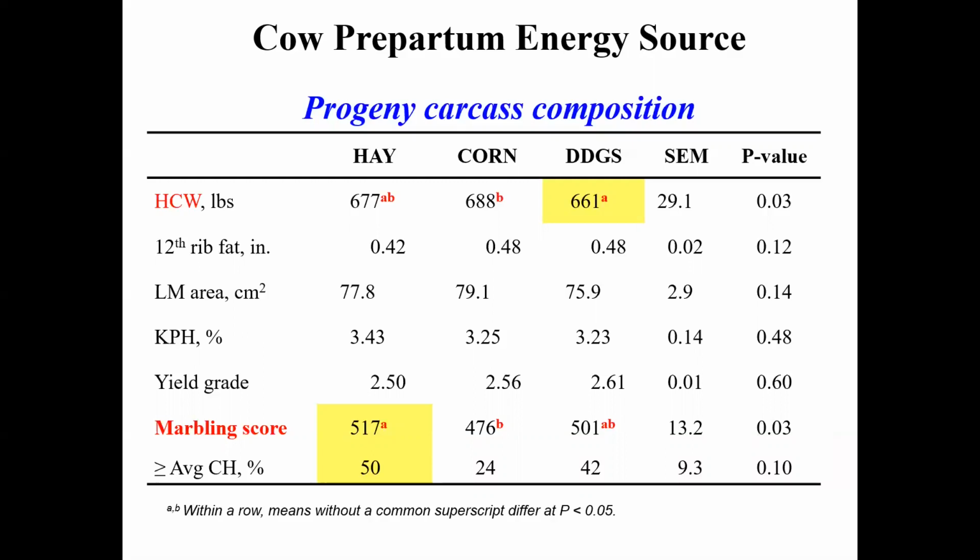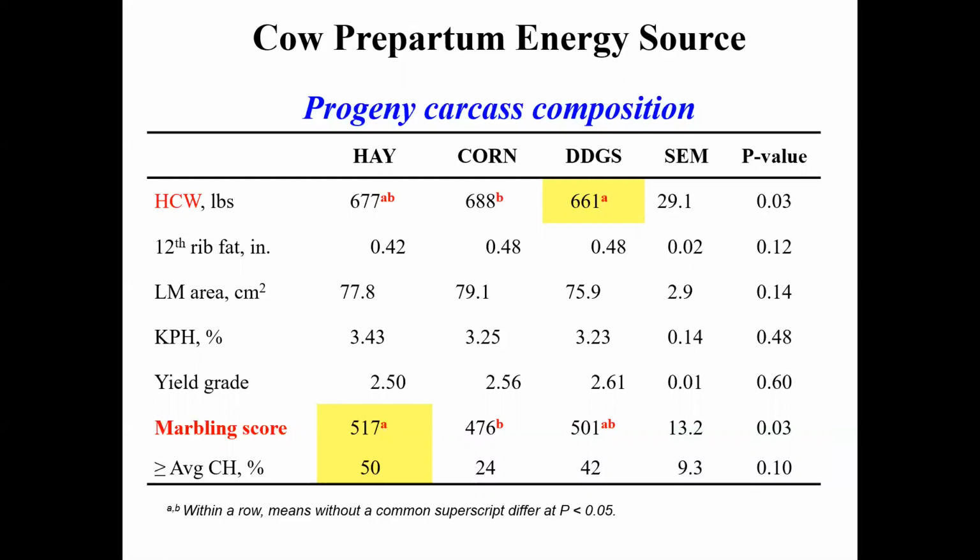Only 24% of the calves from cows supplemented with corn were average choice or higher, versus 50% of the calves from cows that were just fed hay.